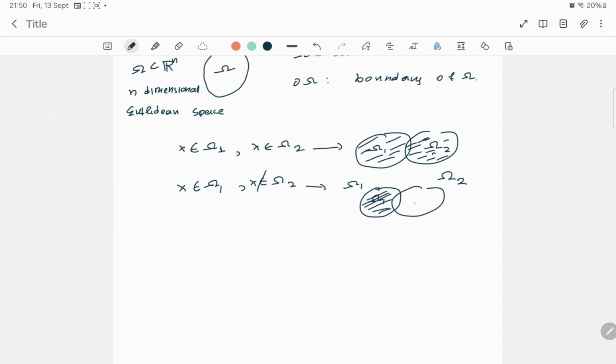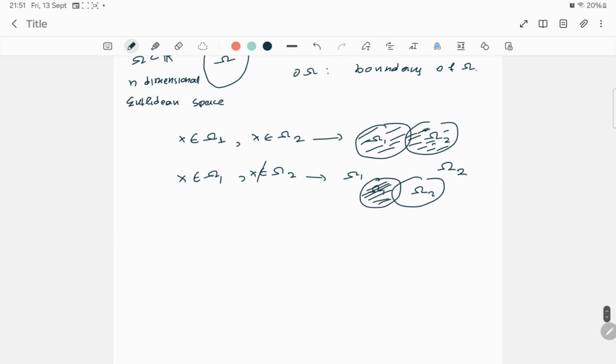This is omega 1, this is omega 2. This is their intersection. But x only belongs to omega 1 but doesn't belong to omega 2. So let's say that these two overlap. We keep only this part in omega 1.